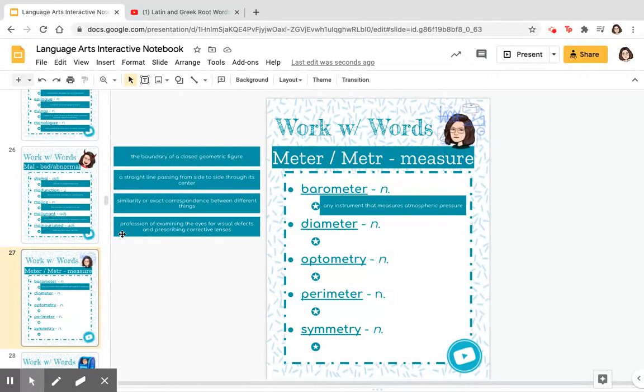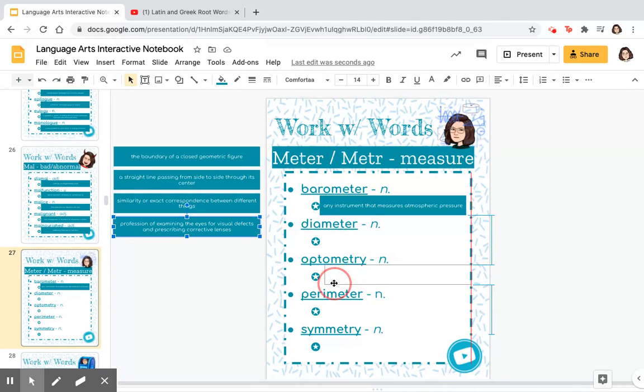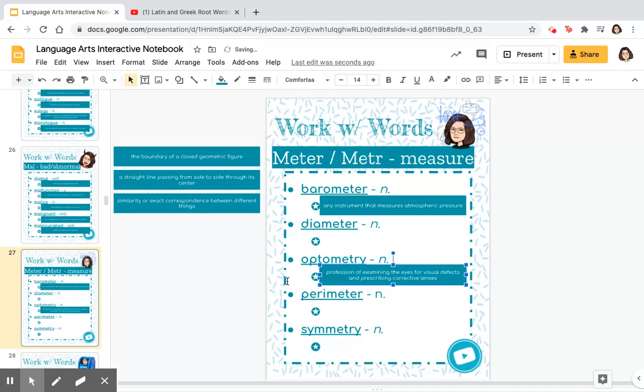You have the profession of examining the eyes for visual defects and prescribing corrective lenses, aka glasses or contacts. You would go to an optometrist, and they study optometry. So opt meaning eyes, and meter meaning measure, where they are measuring what prescription you would need.